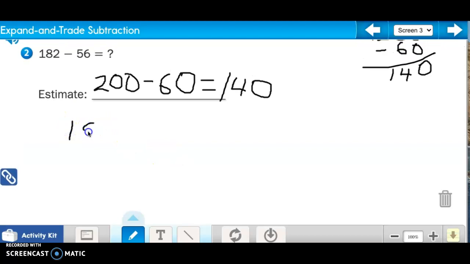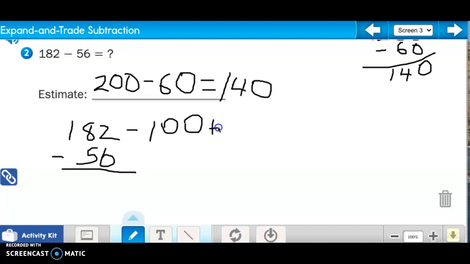182 minus 56. So if I expand and trade, this is what it would look like. It would be 100 over here plus 80 plus 2.